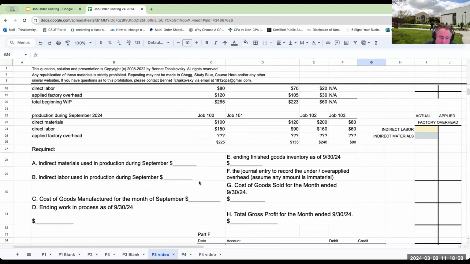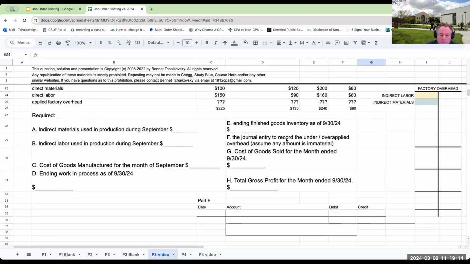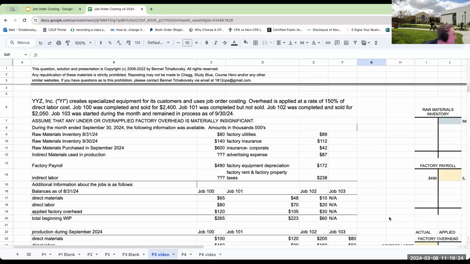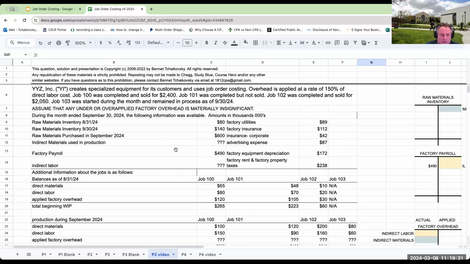Cost of goods manufactured, ending work in process, ending finished goods, the journal entry to record the underapplied overhead, cost of goods sold for the month ended September 30th, 2024, and total gross profit for the month ended September 30th, 2024. So these are the questions I'm going to be asking as you're doing this particular question. So let's go ahead and take a look over here.